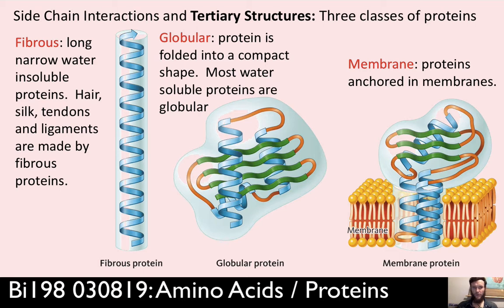All right, so those are the three categories, and that's called tertiary structure. Right, these sort of large tertiary structures, you can think of as the overall shape of the protein. That tertiary structure is going to be what gives the protein its ultimate functionality.